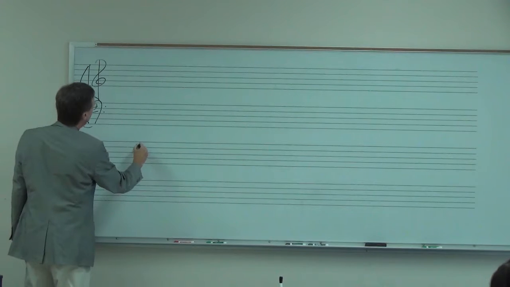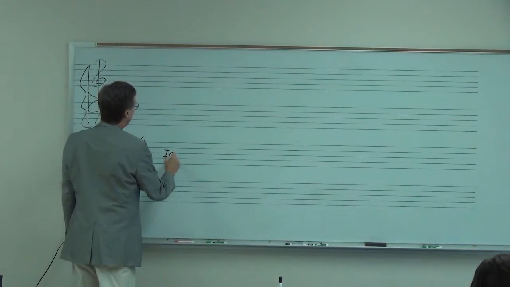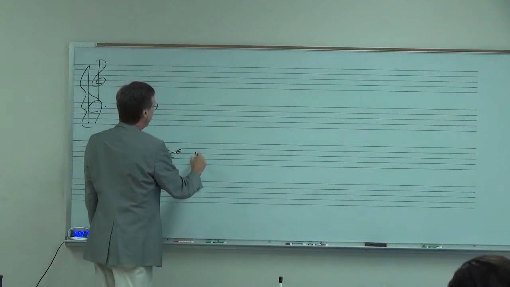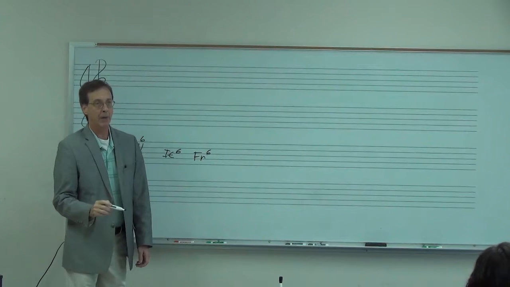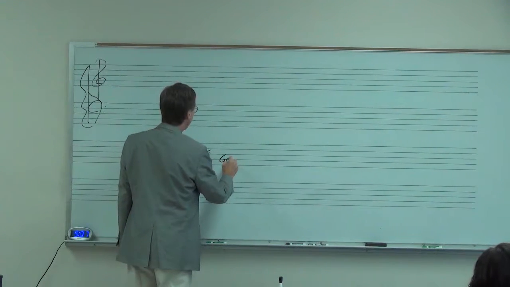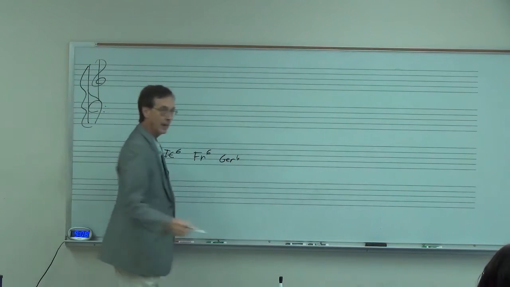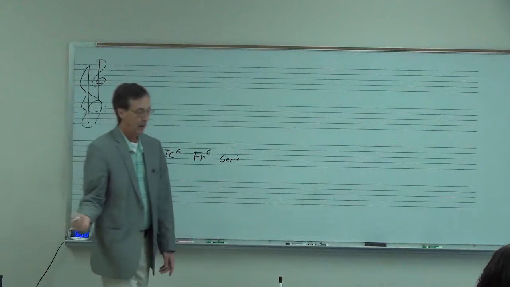Now I'm going to label them, and on your test, if you do them in a different order, that's okay. You just have to label them. I prefer that we go Italian, French, German.